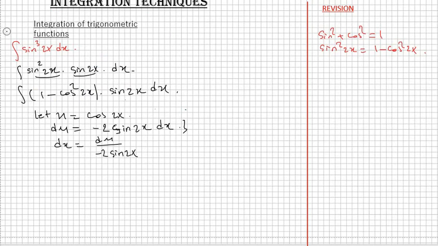So now the next step is to replace. So I'm focusing on this expression here. I need to write everything in terms of u. So it means I'm gonna have integral of 1 minus, because we say u is equal to cos 2x, then cos square 2x will be u squared.